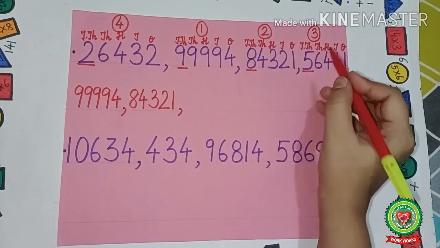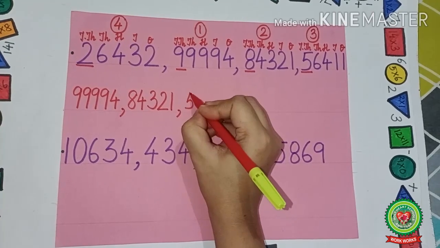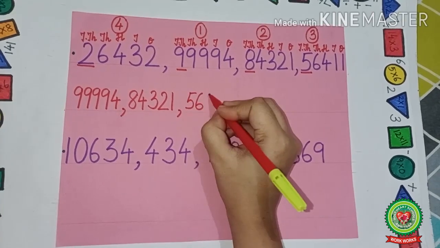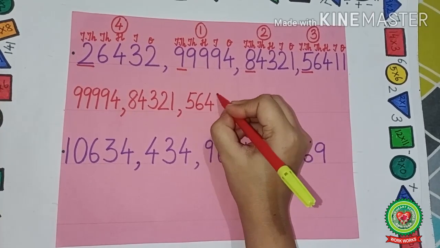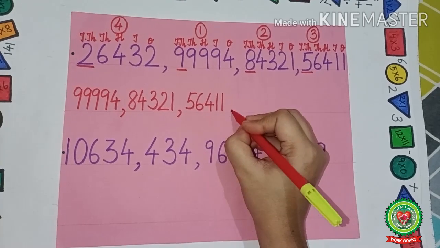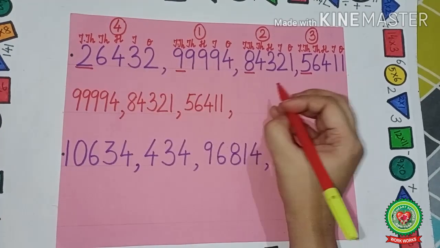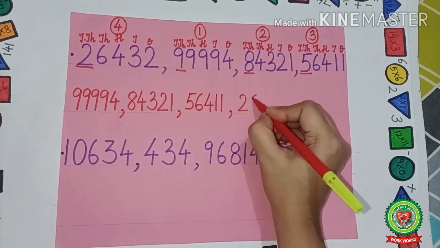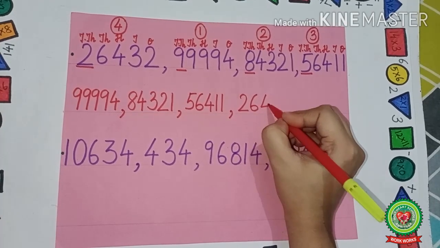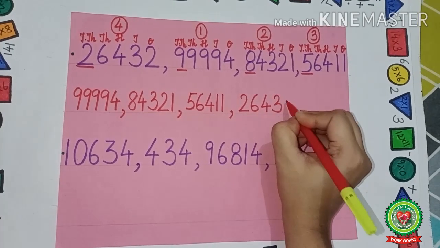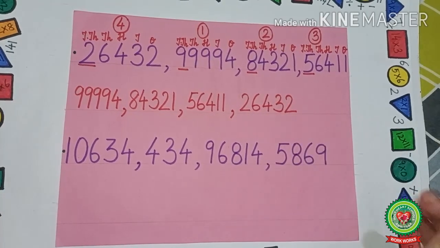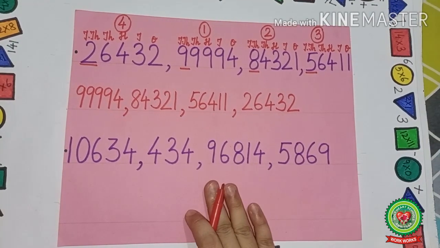Next is this one. So we will write over here 56,411. And the last one is 26,432. Now see, next example.